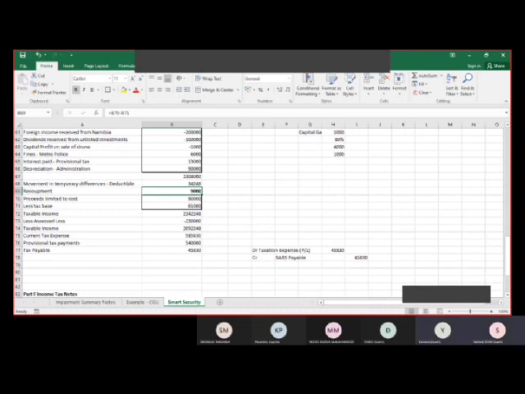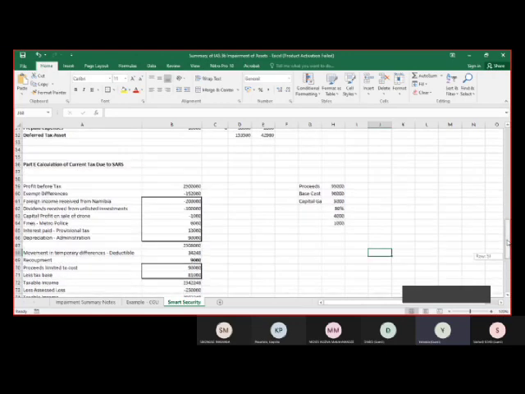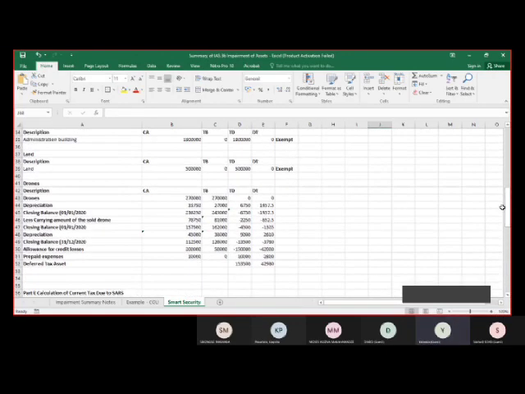Can I ask? Yes. I'm not sure if I'll be able to go up the page, but I would like to know with movement in temporary differences. So when we are doing the table, like the deferred tax table, could you please explain further as to what goes into the table, or how do we differentiate what we have to calculate deferred tax for?